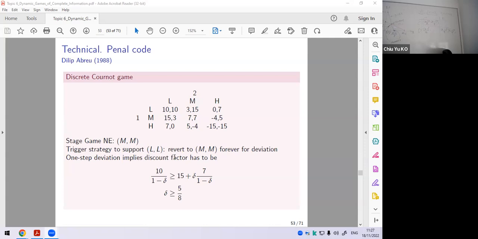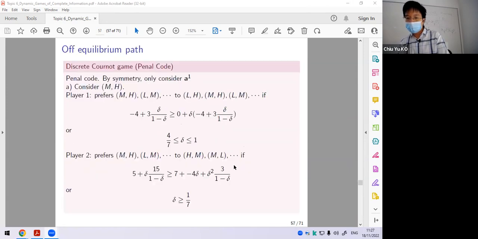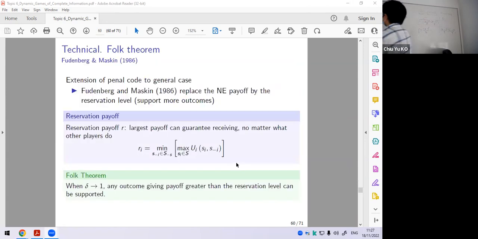I think it's easier. So what we're going to do is find the maximum you can get given the other people's strategy.